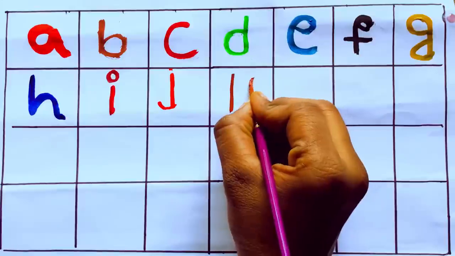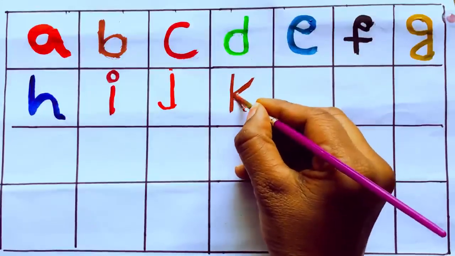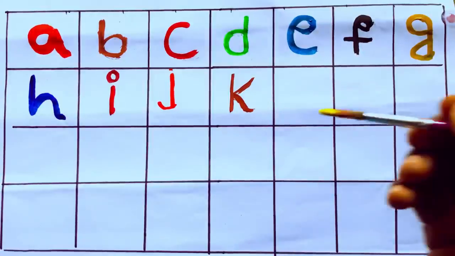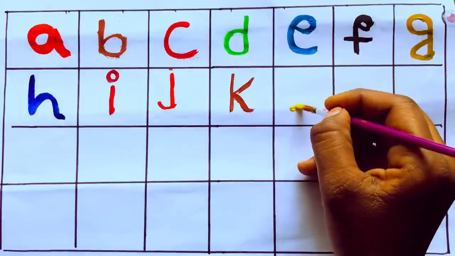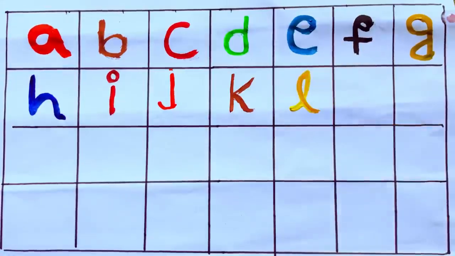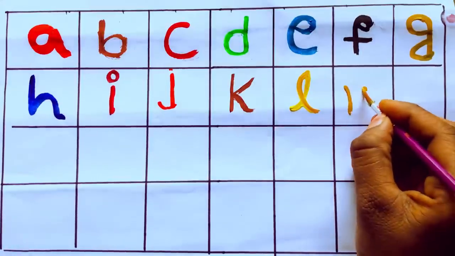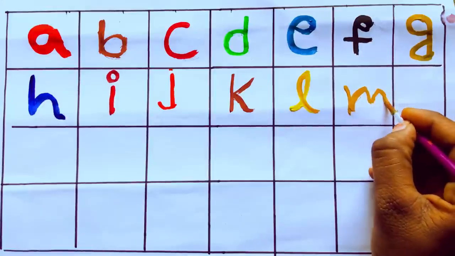Brown color, K for kite. Yellow color, L for lion. Cream color, M for monkey.